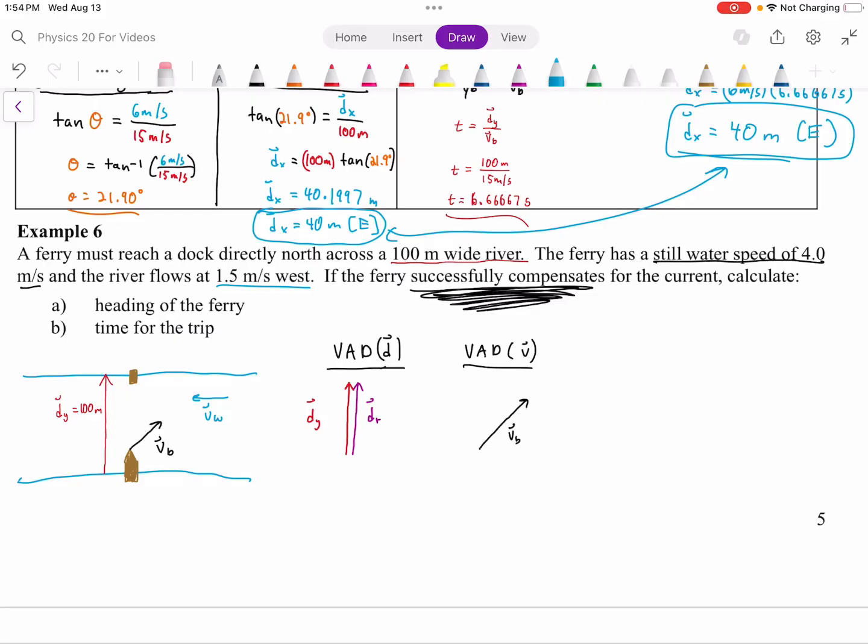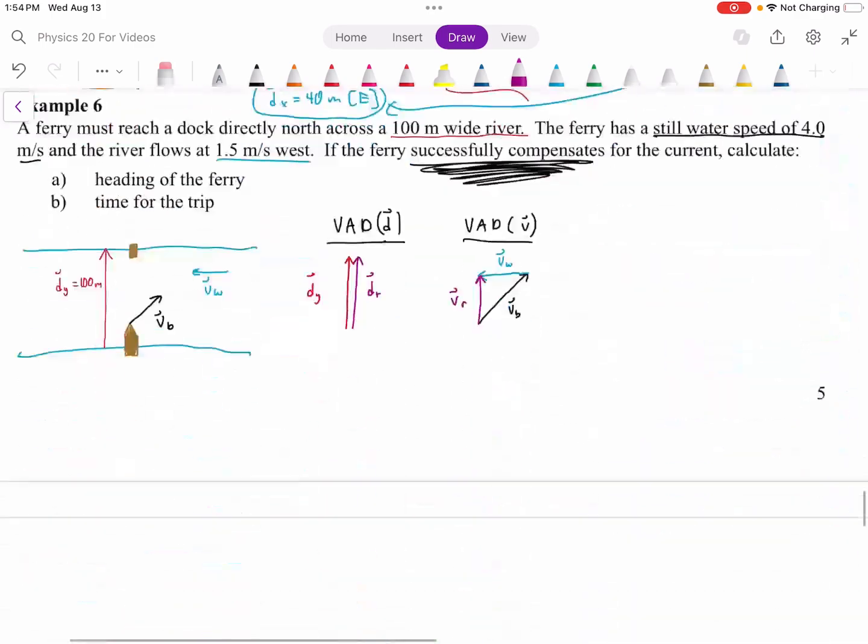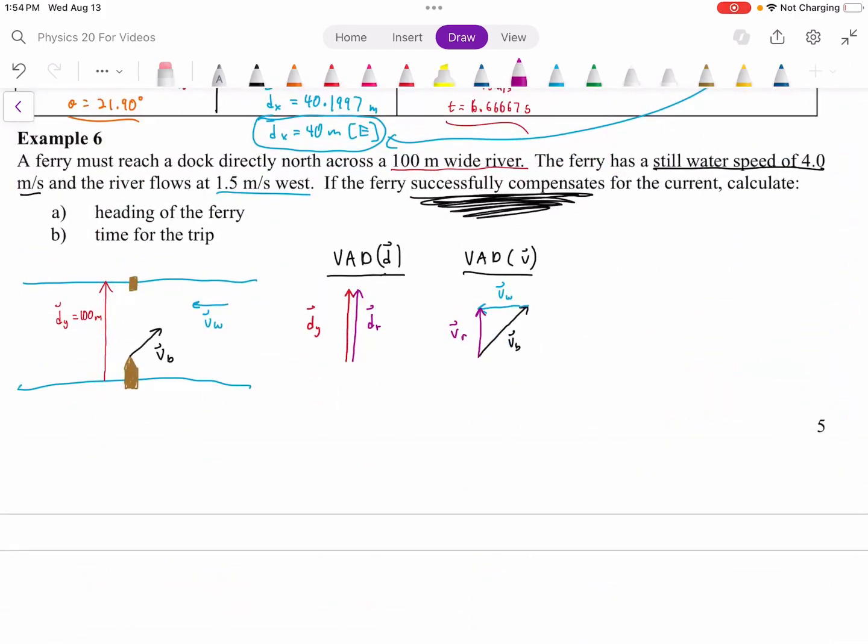They aimed to the east just enough that that canceled out with the water's velocity, and therefore their resultant velocity is straight across the river. So here's what I was referring to when I said the angles aren't always an option to us, because in this case, our displacement is not actually part of a triangle, right?